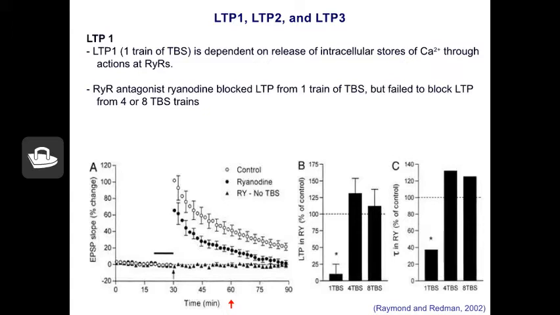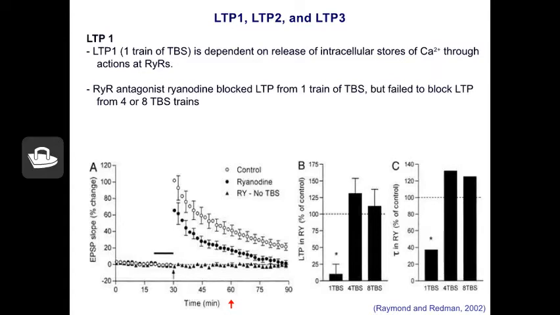So why don't we actually call them calcium receptors? Well, like so many other receptors, they were named for the drug that was used to first discover and characterize them. The drug ryanodine is an antagonist at ryanodine receptors, so it blocks the ability of calcium to produce further amplification of calcium in the intracellular fluid.